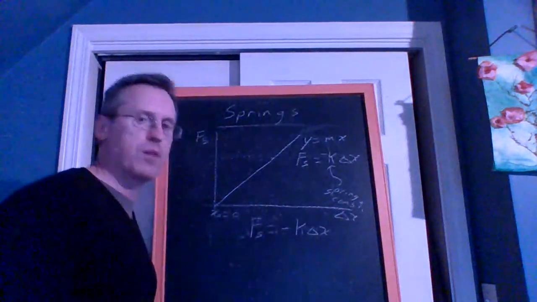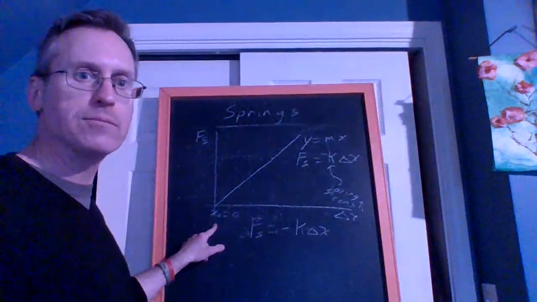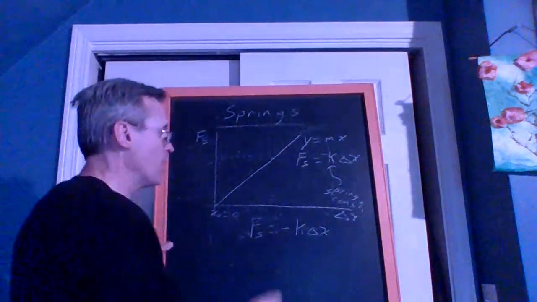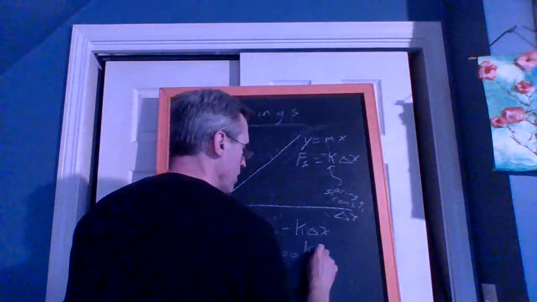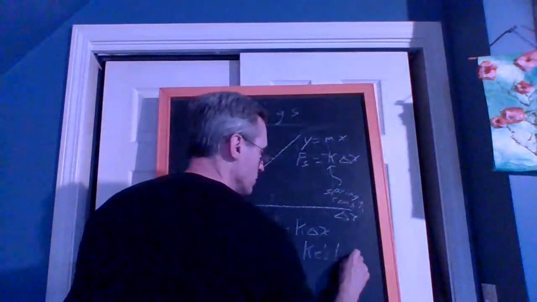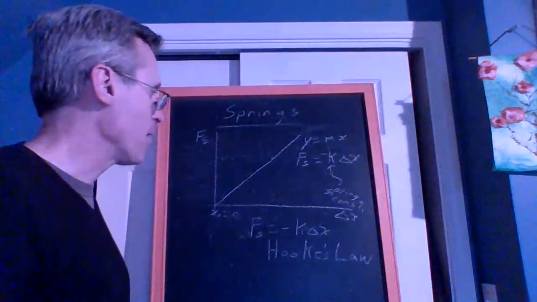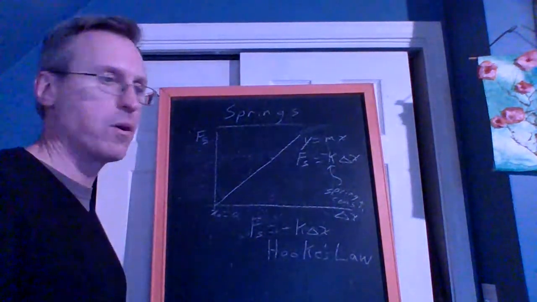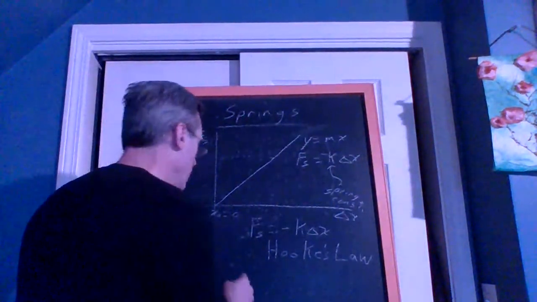You could pretty much write x, because x naught is usually 0. This is called Hooke's law, named after Mr. Hooke, a physicist who studied springs and came up with the equation. Important to note.